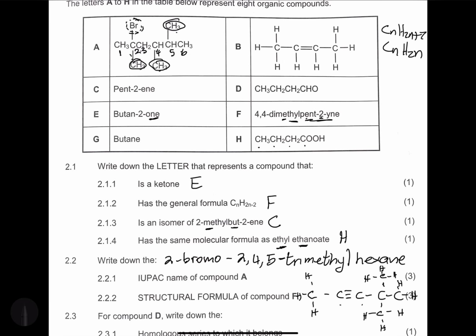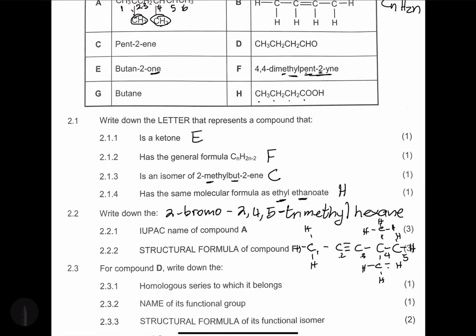So that is what it would look like at carbon number 1, 2, 3, 4, and 5. And at carbon number 4, we've got those 2 methyl side chains. And as a result, we've got that triple bond as well at carbon number 2.